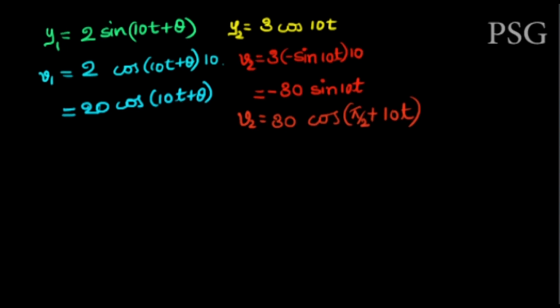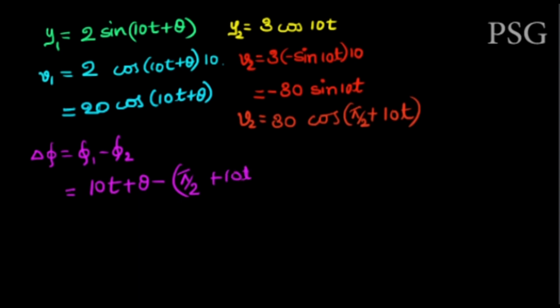So I can write the phase difference delta phi is equal to phi 1 minus phi 2 or phi 2 minus phi 1, anything is fine. So what do I have here is 10t plus theta minus this phase term, pi by 2 plus 10t.